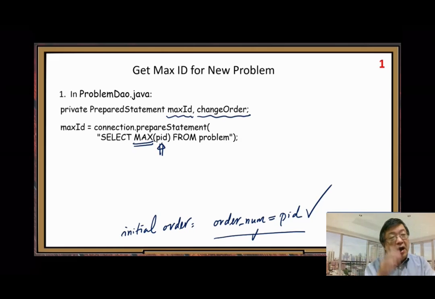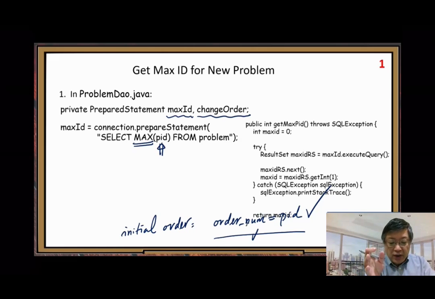Now let us write a query method to return the maximum ID. Initially, the maximum ID equals 0. Then we just run the query because there is no parameter setting. We just get the maximum ID for the whole problem.